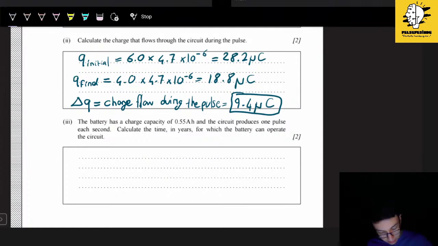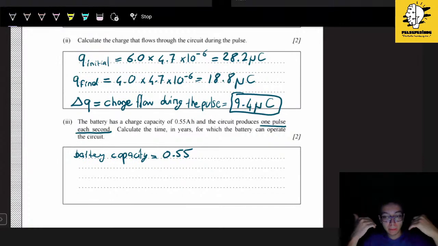So the battery capacity will be 0.55 ampere hour, and we multiply it by 3600, since 60 seconds make 1 minute and 60 minutes make 1 hour, so we have H meaning hours.